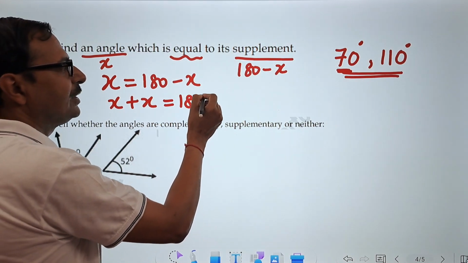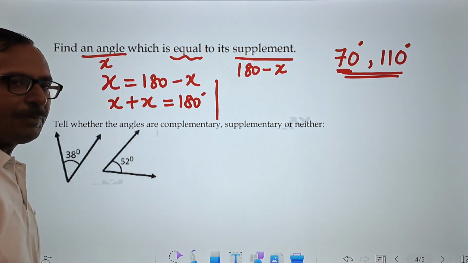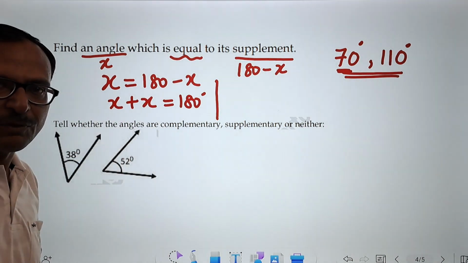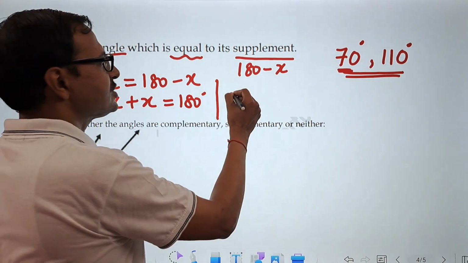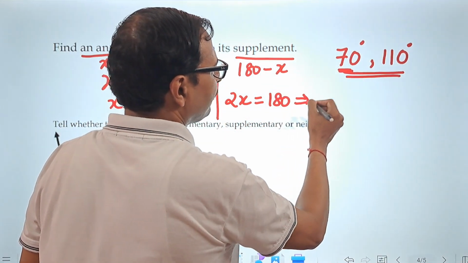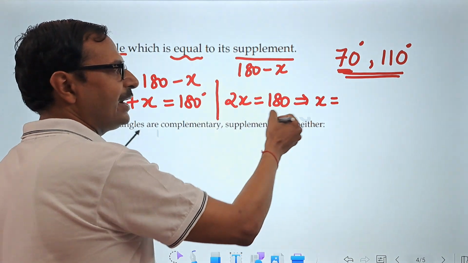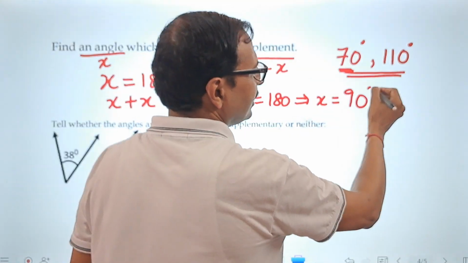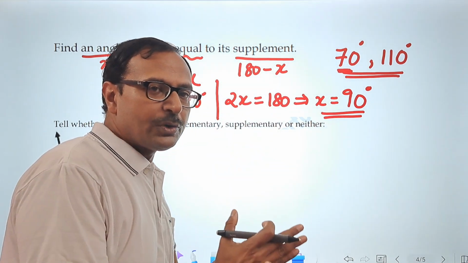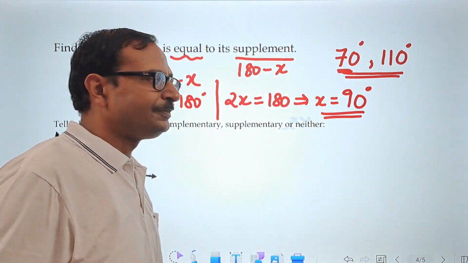Very simple equation. We just have completed the chapter of linear equations. So simple equations should be easy for the students. So x plus x is 2x equals 180 degree, and therefore the value of x will be 180 divided by 2, which is 90 degree. So 90 degree is the only angle which is equal to its supplement.